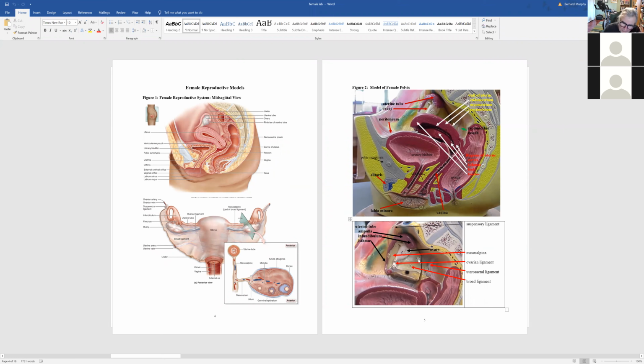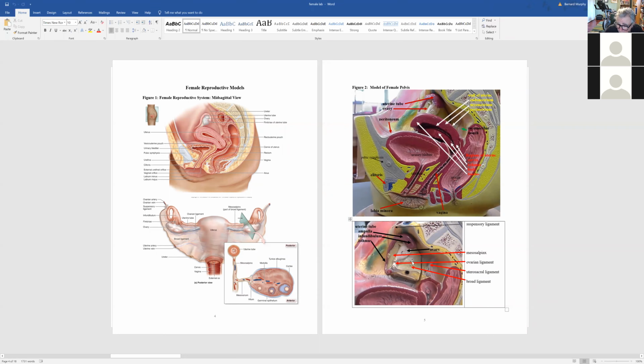Now here are these ligaments, and they've got some strange names. Mesosalpinx: to remember where these are located, between the fallopian tube and the ovaries are the mesosalpinx. The ovary is attached to the body wall by what's called the ovarian ligament.